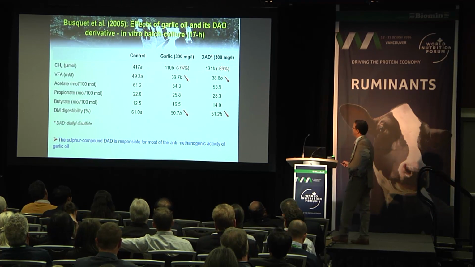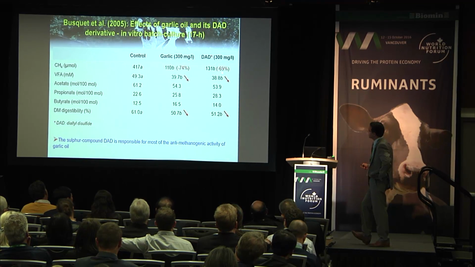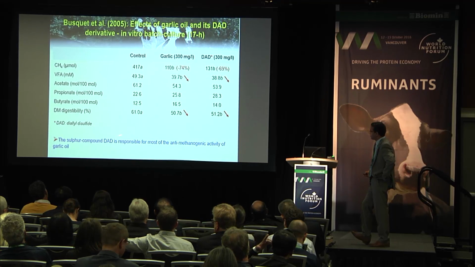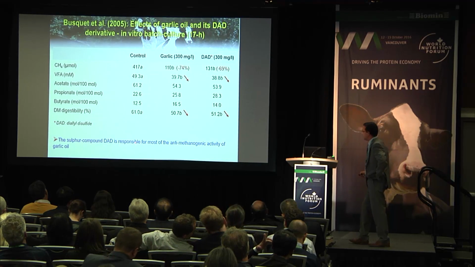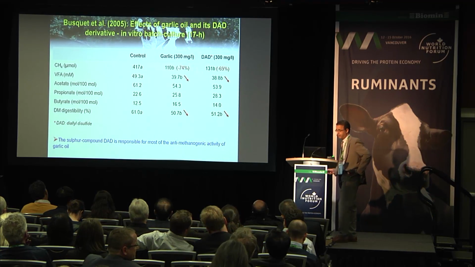And as you can see here, with this derivative, DAD, the extent of decrease in methane was almost the same as with garlic oil, which means that the sulfur compound is responsible for most of the antimethanogenic activity of garlic oil.